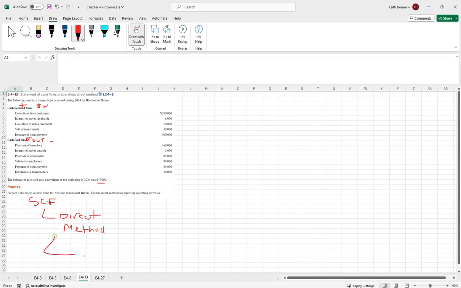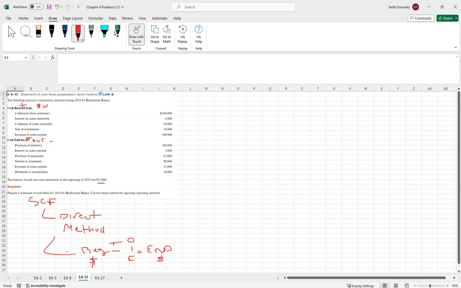You remember with the statement of cash flows, it's your beginning cash plus or minus your inflows from your operating, investing, and financing sections, which get you your ending cash. Sometimes they rearrange this. You do the O, the I, and the F first, and then you add the beginning cash, like the change in cash plus the beginning gets you the ending.